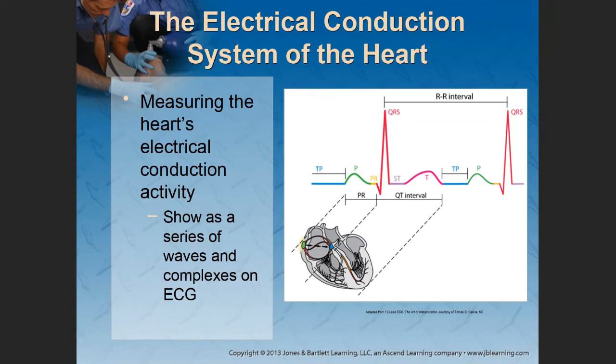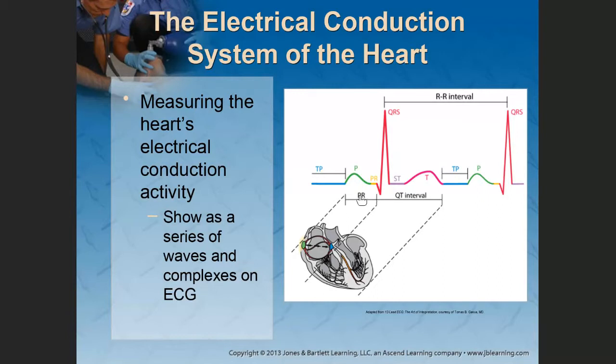Now, some key things that you need to keep in mind, so listen carefully. Down here, where you have the PR interval, which is the beginning of the P wave to the beginning of the QRS complex.